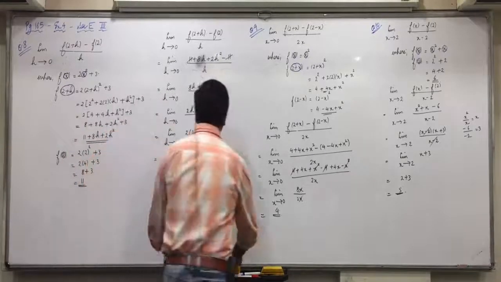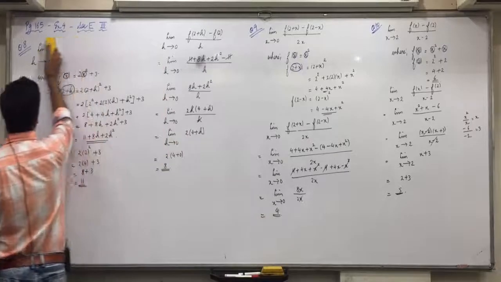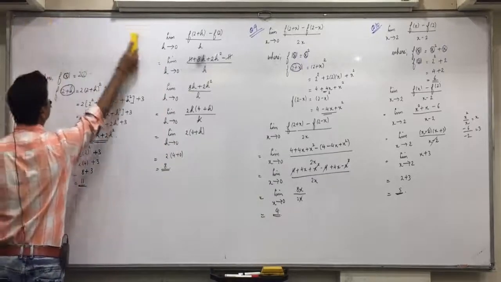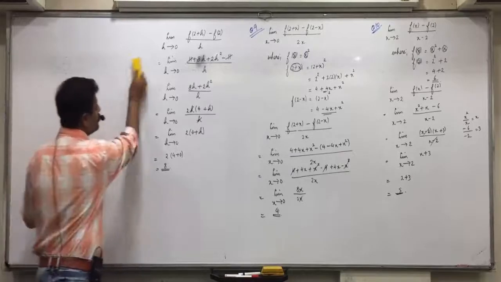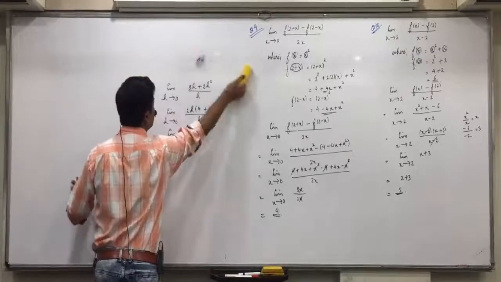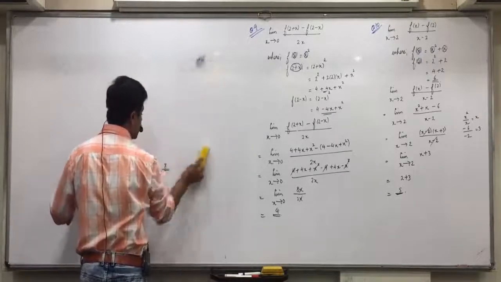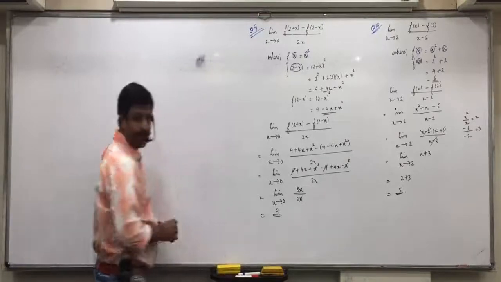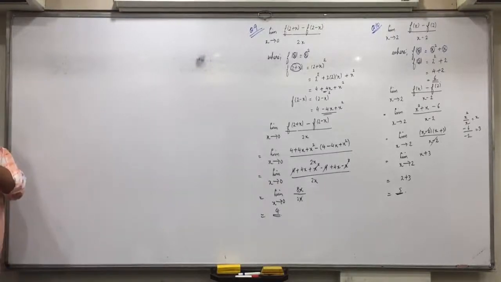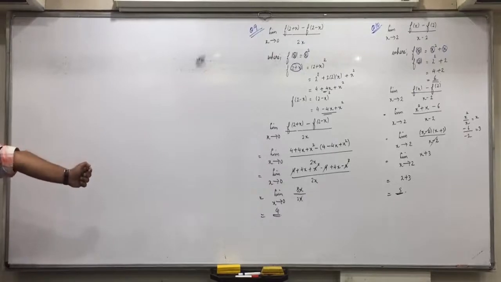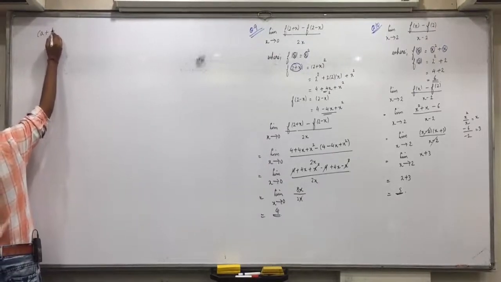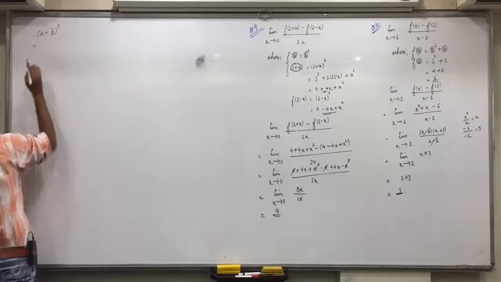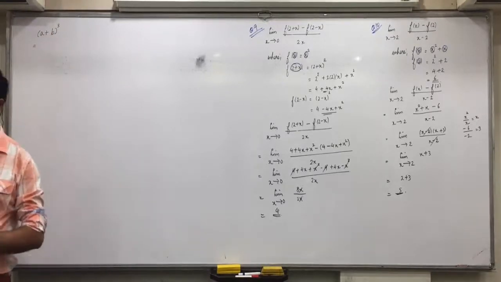Look at illustration 19. Before illustration 19, in the summary, we have the formulas from 11th standard binomial expansion.